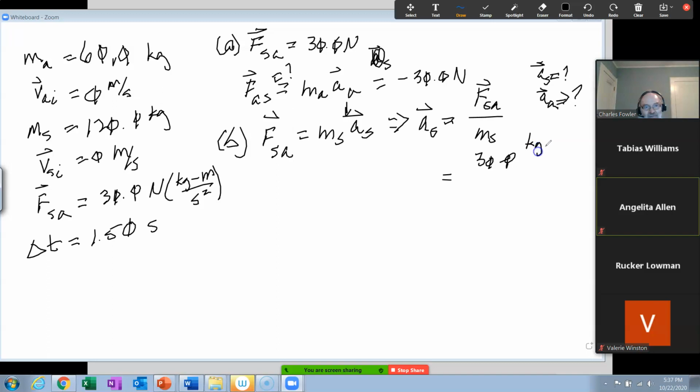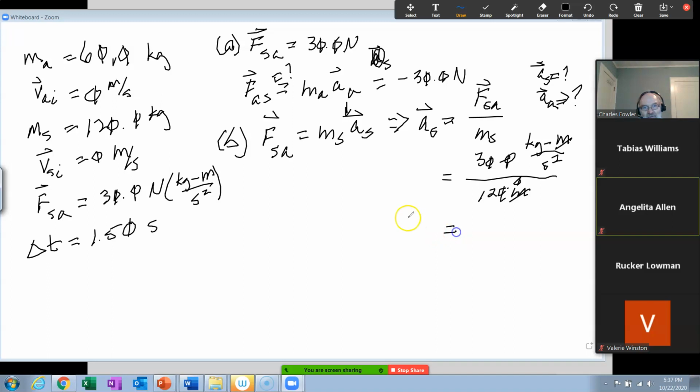When I do my calculations, I usually like to use fundamental units. Divided by the mass of the spacecraft, which they give here to be 120.0 kilograms. They don't need the 0.0, but I put it there.